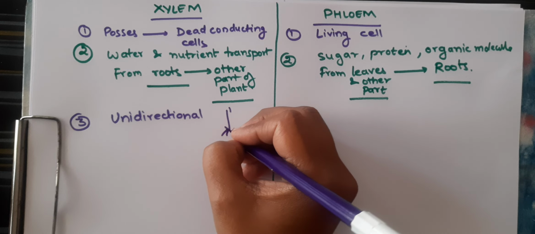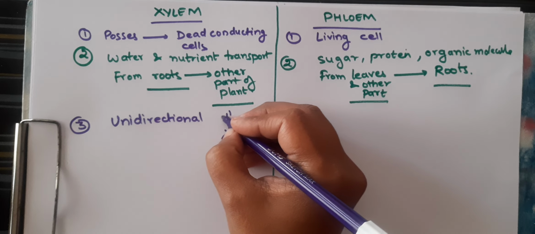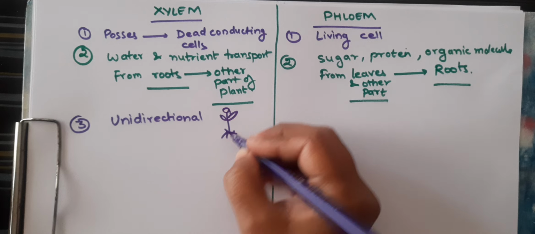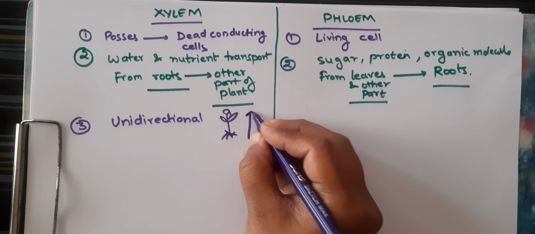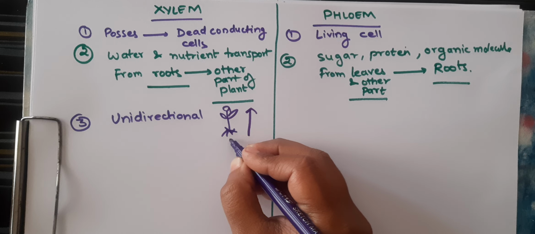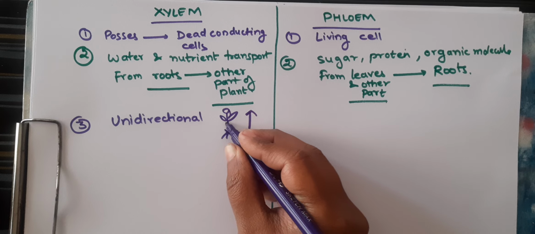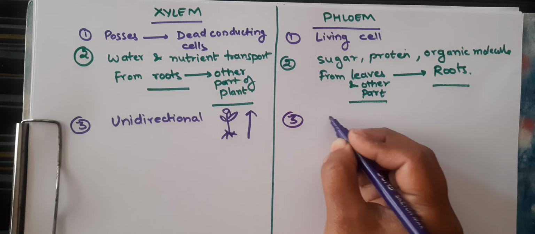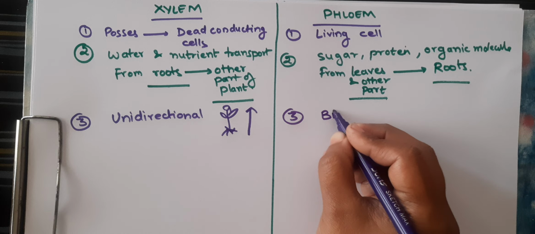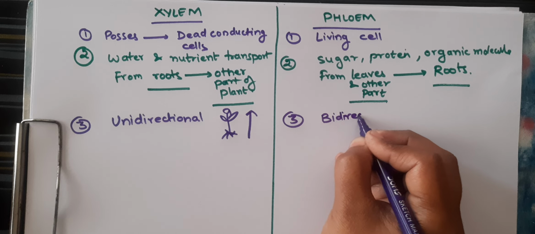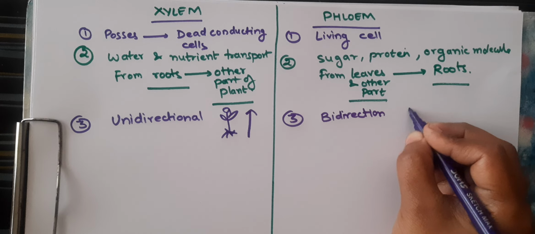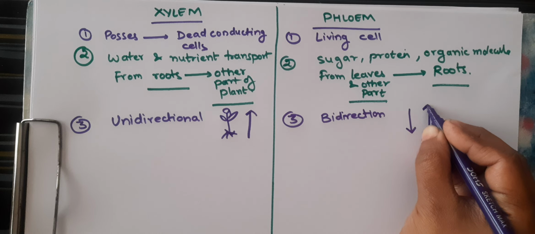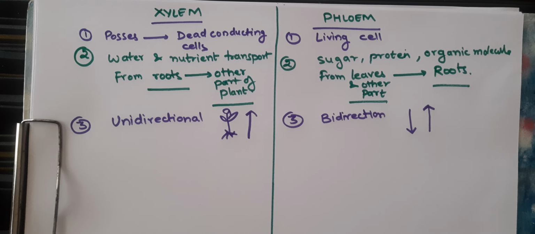So this is the plant, and this is the root. What xylem will do is take the water and nutrients from roots to the other parts of the plant. So the flow will go like this. However, in case of phloem, it is bidirectional. Bidirectional means it will go in both directions. So it can be transferred from here to here, or from up to down, or from down to up.